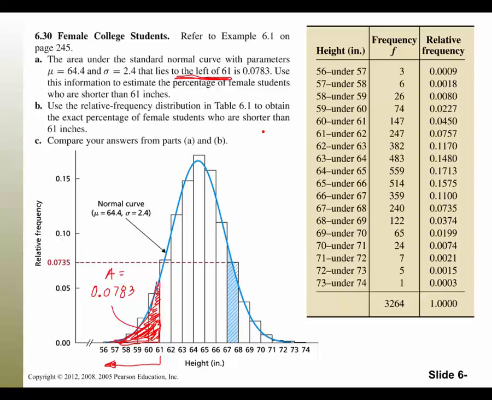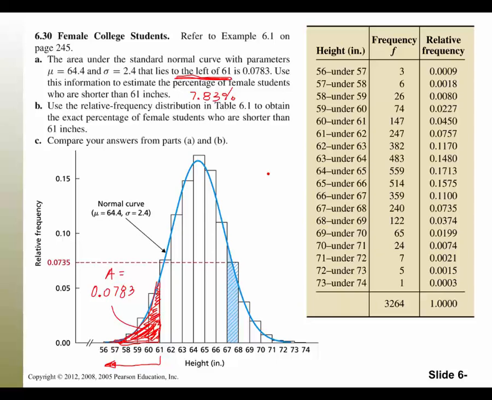So area corresponds to relative frequency or probability. So this is 7.83%. If the area is 0.0783, then 7.83% of the women are less than 61 inches.